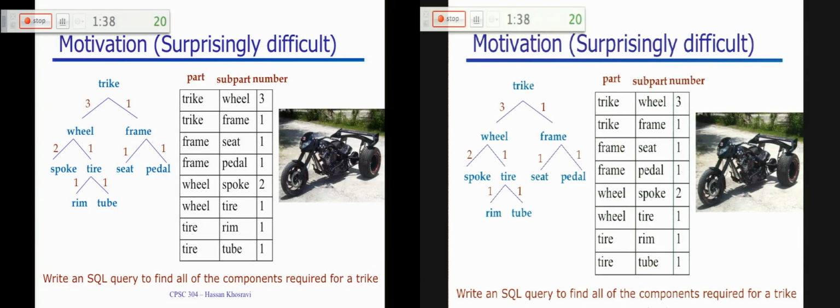Well, but you have to somehow know which one to choose. You have to go through the tree somehow. Get all the subparts for the trike. Does anyone have any brilliant ideas?